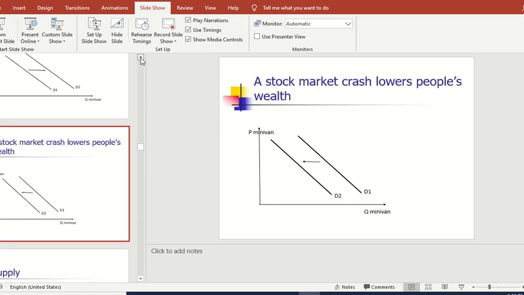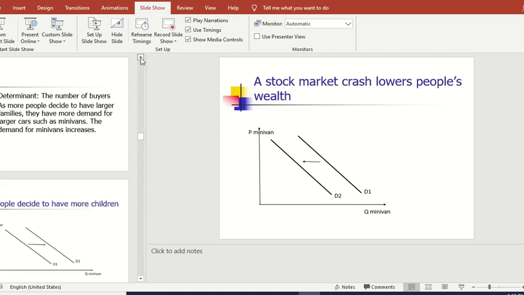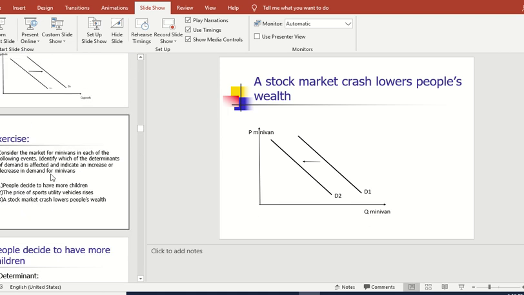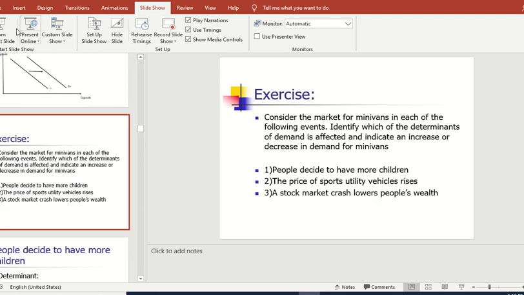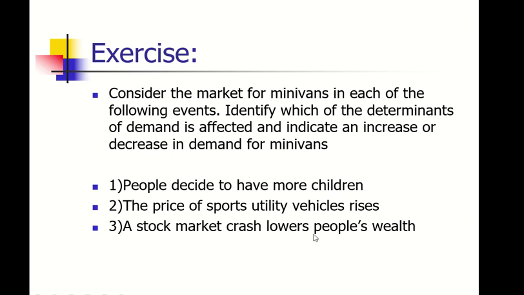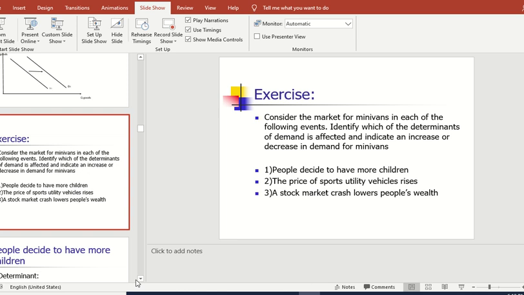So the next one, a stock market crash. The last question. The stock market crash lowers people's wealth. When the stock market crashed, share prices plummeted. One of the most direct effects is that people's wealth gets wiped out. Although in the list that we covered previously we did not mention wealth, it is close enough.